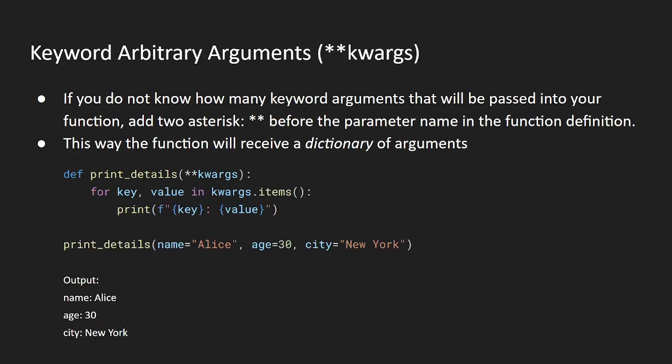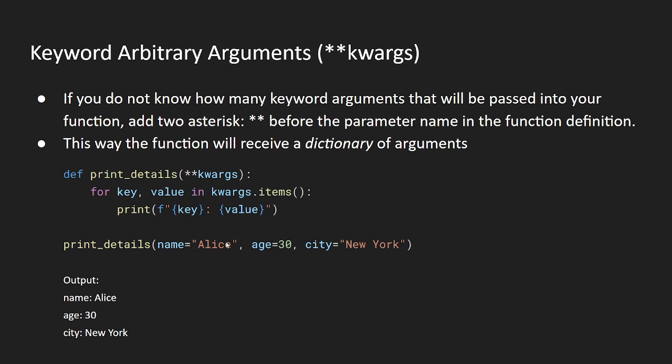Keyword arbitrary arguments. That's called kwargs, with the double asterisk. If you don't know how many keyword arguments will be passed into your function, add the double asterisk before the parameter name in the function definition. This way the function will receive a dictionary of arguments. So we're going to have, for key, value in kwargs.items.